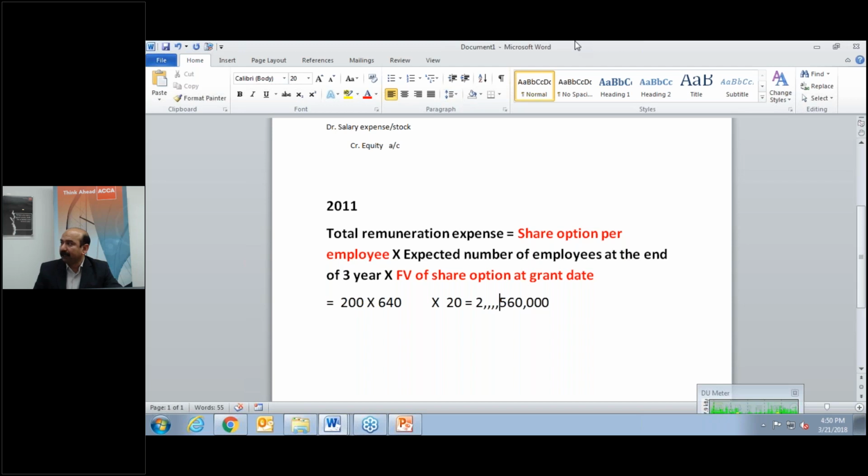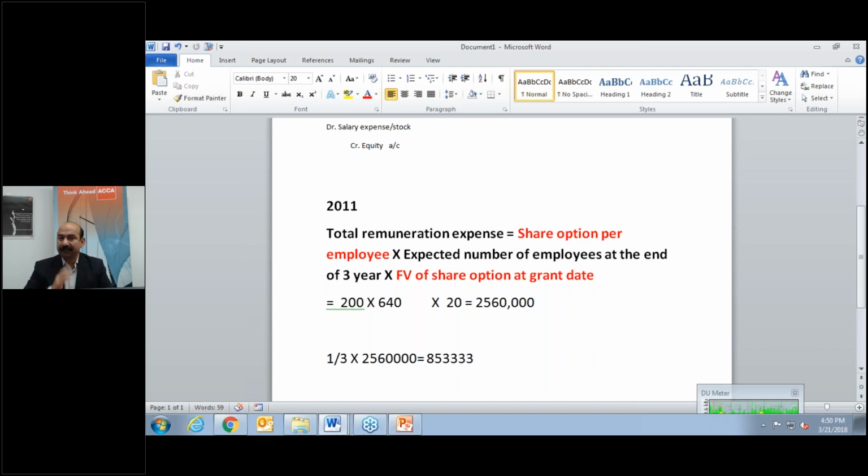So we shall be multiplying this amount by 1 divided by 3 to calculate the expense to be recognized for 2011. So the entry will be simple.